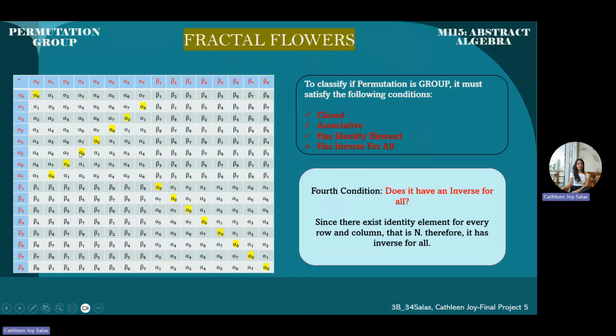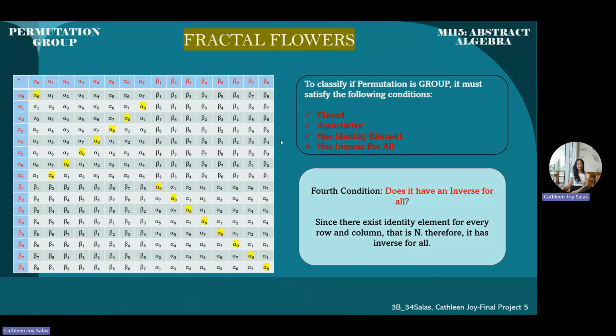Alpha sub 5, the inverse is alpha sub 3. Alpha sub 6, the inverse is alpha sub 2. And for alpha sub 7, we have the inverse alpha sub 1. And for the beta, 1 sub 1, 2, 3, 4, 5, 6, 7, 8, their identity is the same subs.